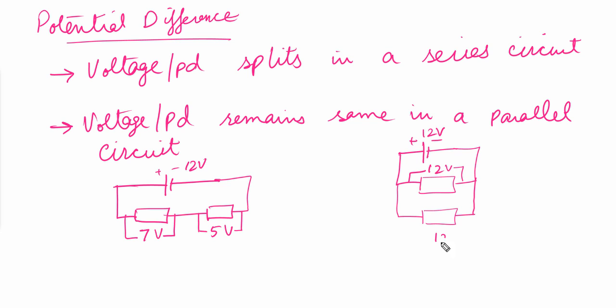So 12 volts will be dropped across each resistor. This is how we can say that potential difference remains the same in parallel, but potential difference or voltage splits in a series circuit. This is basically the basics of the potential difference. Now we'll discuss resistance.